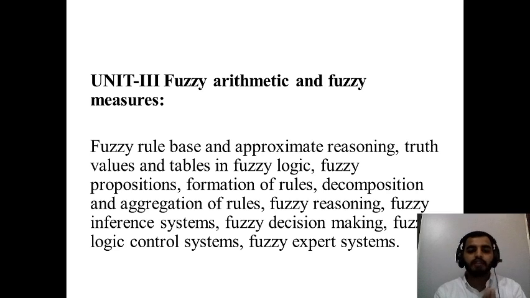So for that, we will have truth tables, some rules, decision-making skills, and logical control systems. Logical control systems, in the sense that you want to buy the bike within a certain time; you cannot keep doing the same thing for a long time.